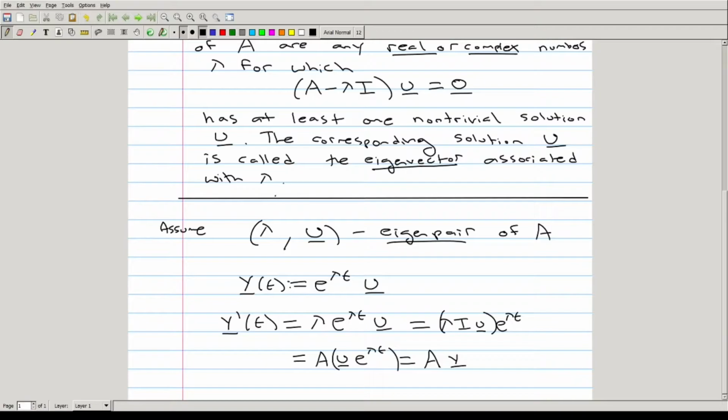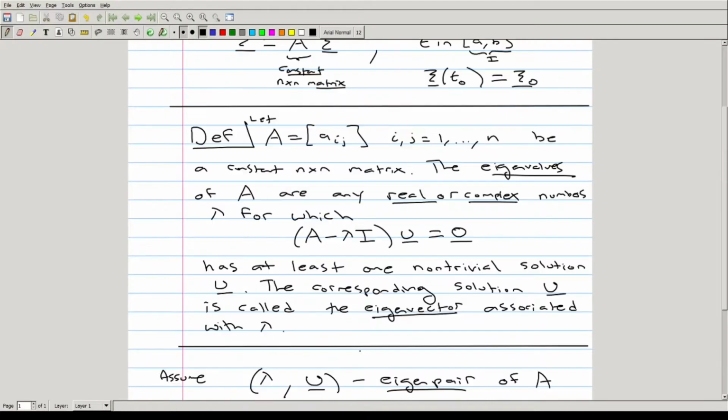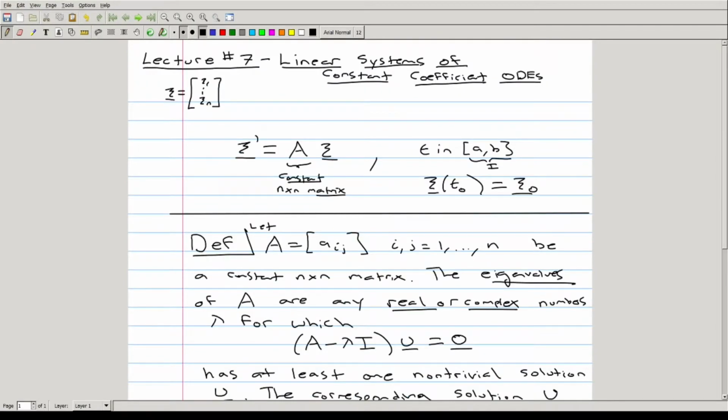Which means that for an eigenpair of the matrix A, y of t satisfies this differential equation right here.